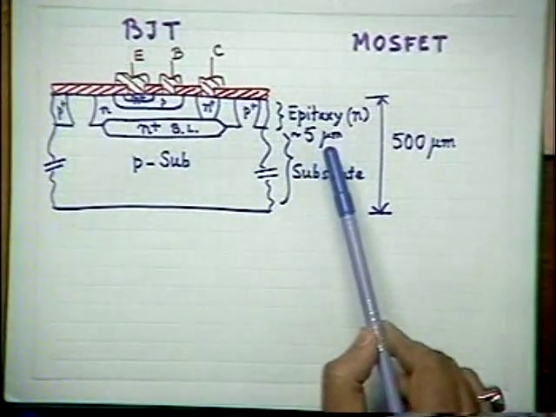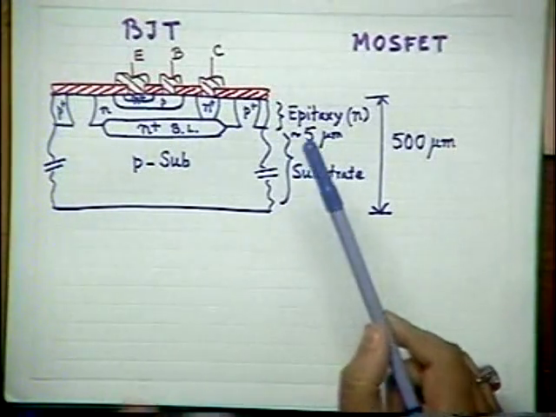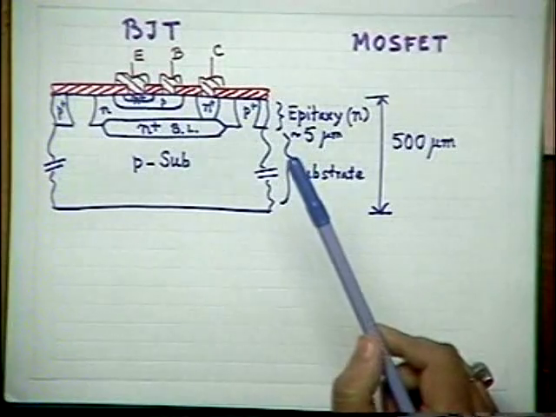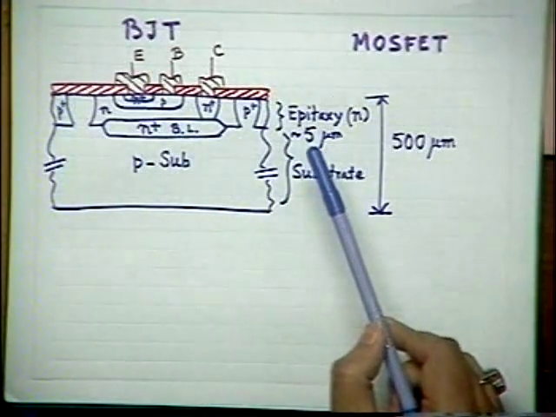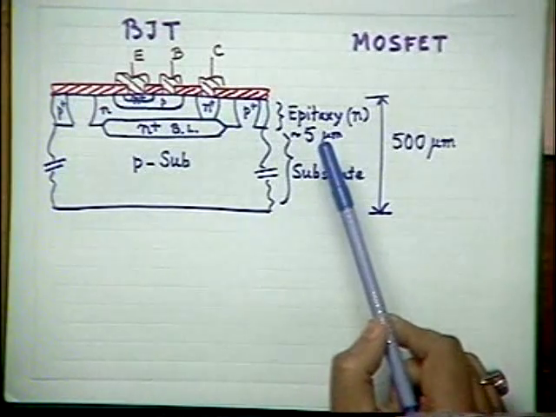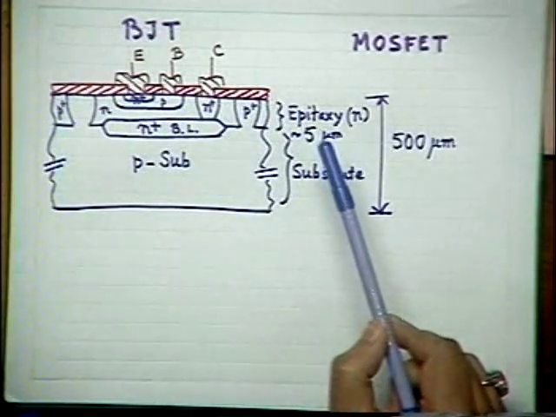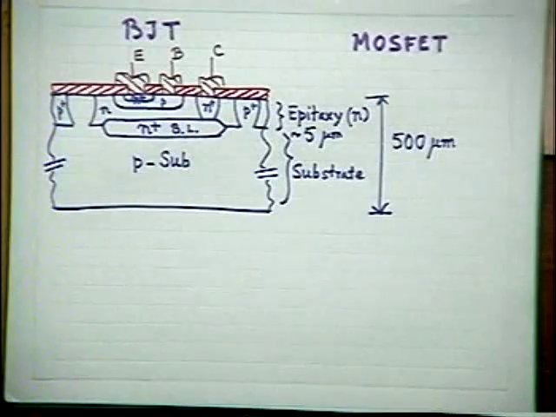It is not necessary that it should be 5 micron only, there may be a range. While the old transistor had epitaxial film thicknesses around 20 micron, the most advanced bipolar transistor of today has a thickness of even 1 to 2 micron epitaxial film. Please remember this.